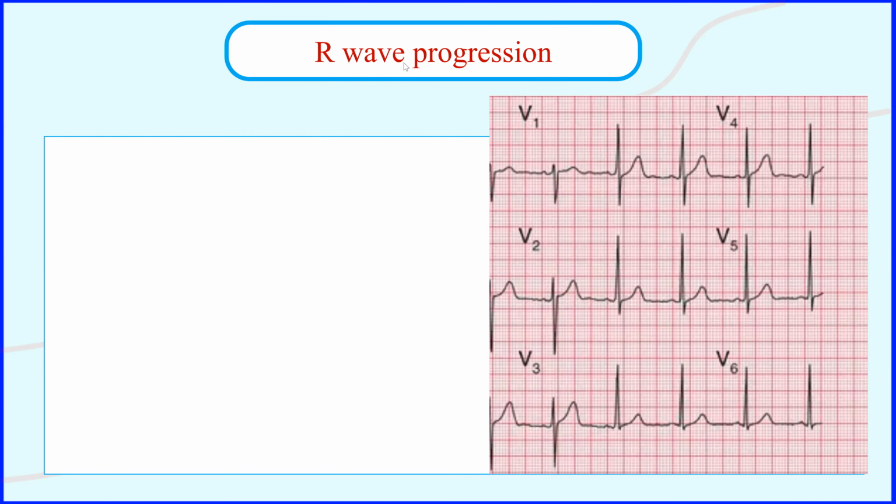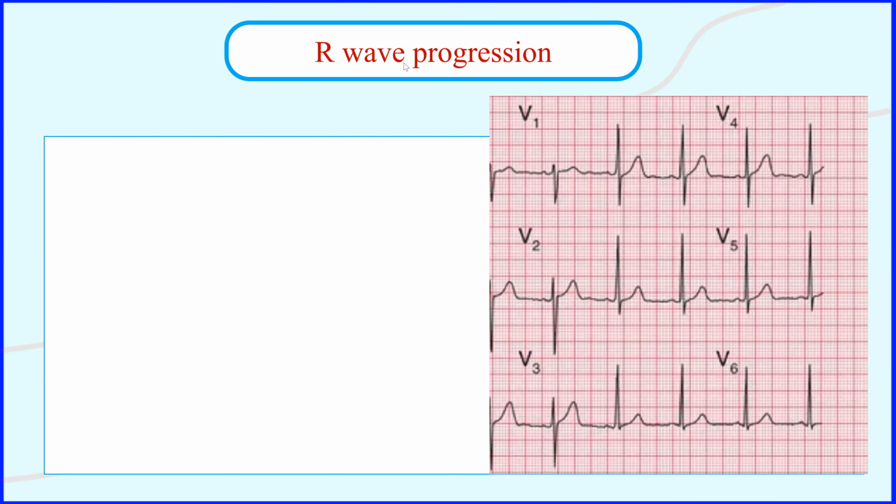And whenever you have a poor R wave progression, you have to think about 2 things. Number one is prior MI, especially if the myocardial infarction affected the interventricular septum or the anterior wall of the heart, because the conduction system is there, right, in the septum.